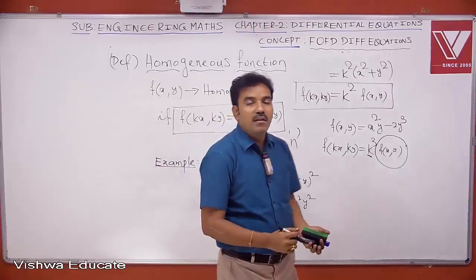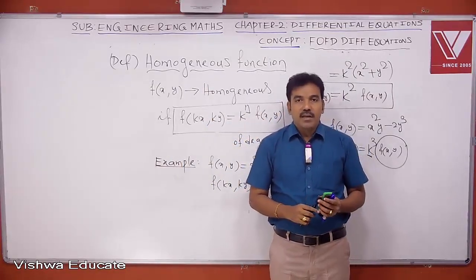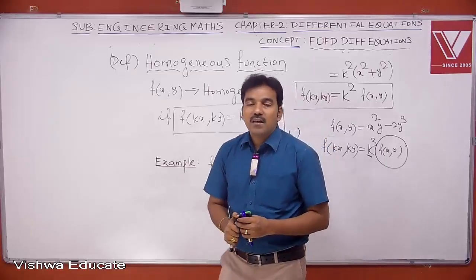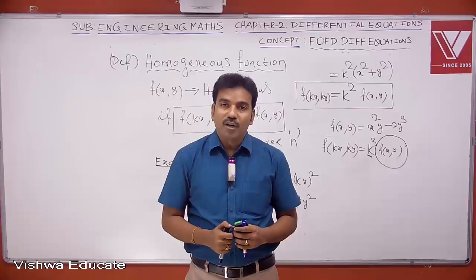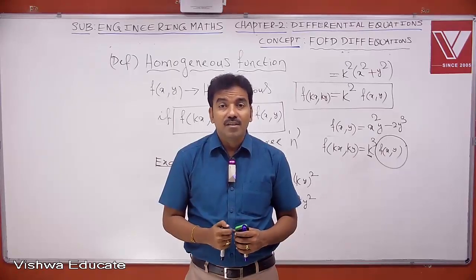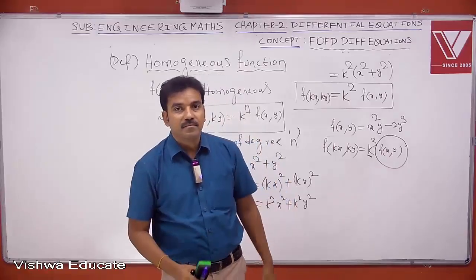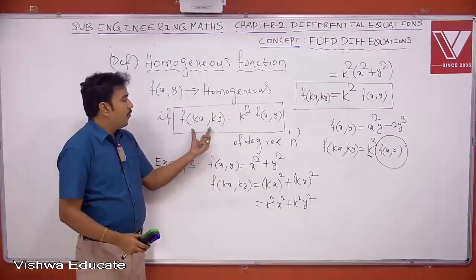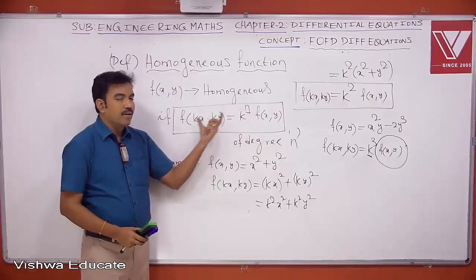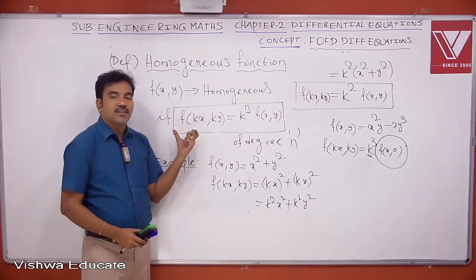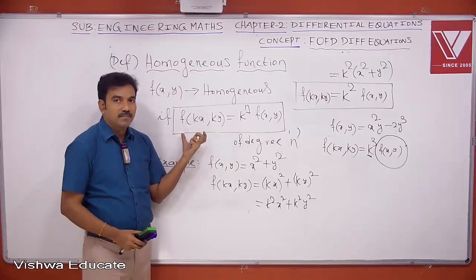Note this definition. A function f of x comma y is said to be a homogeneous function of degree n if f of kx comma ky equals k power n into f of x comma y.